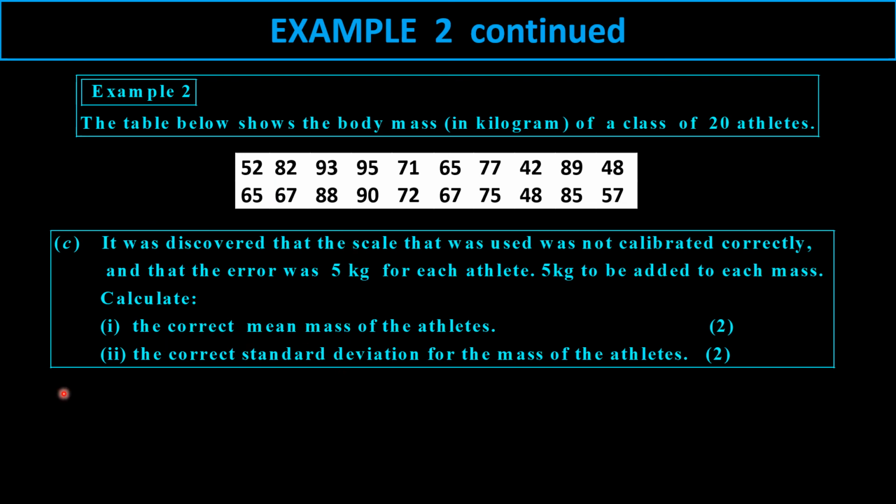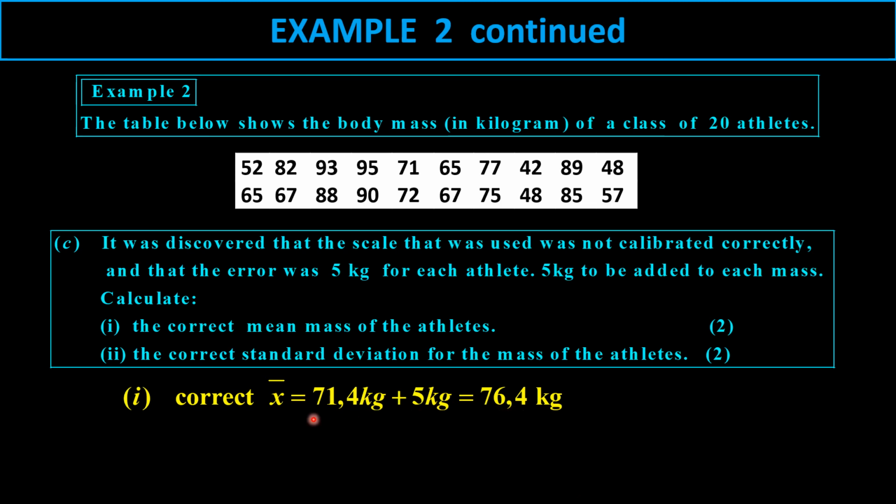Okay. Now they have some questions here. Calculate the correct mean. Would the 5 kilograms affect the mean, or won't it affect the mean? Okay, let's see. If you actually add up those new values and divide them by 20, you'll get the answer. Let's see, we'll get the answer 76.4.